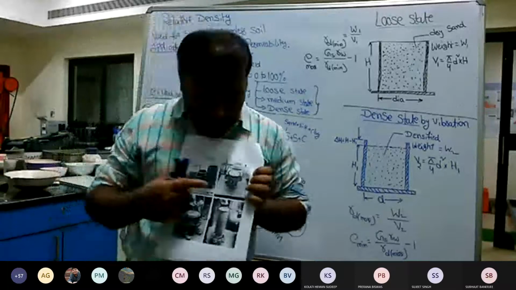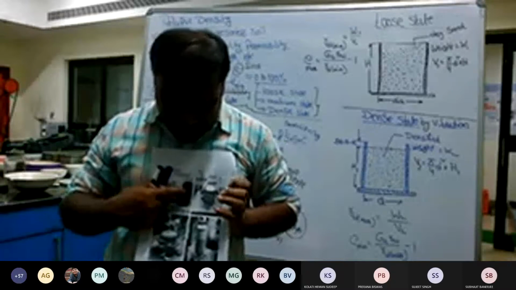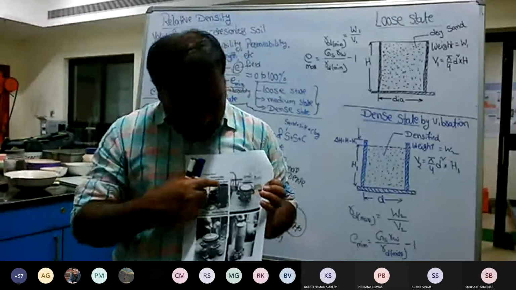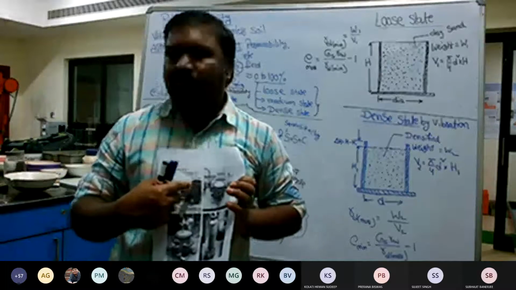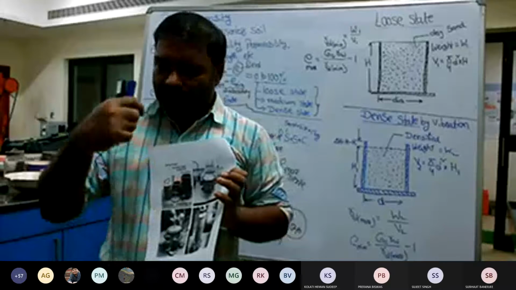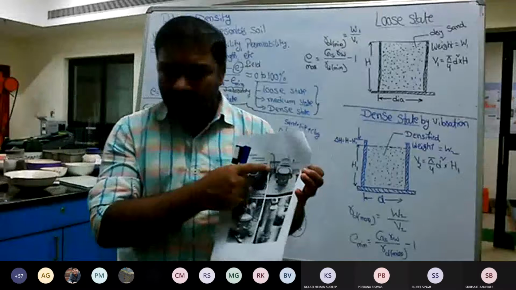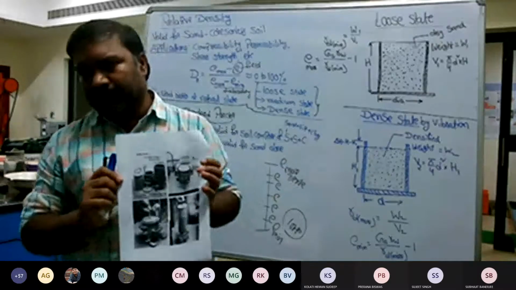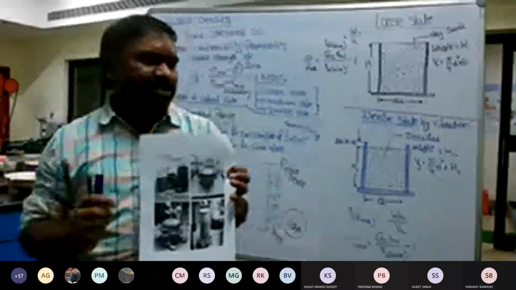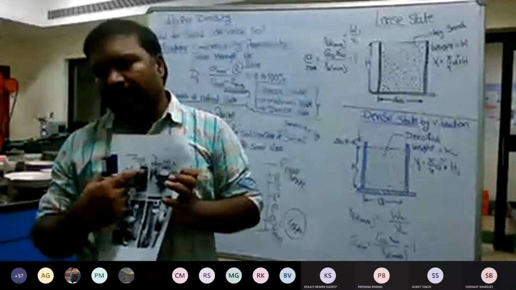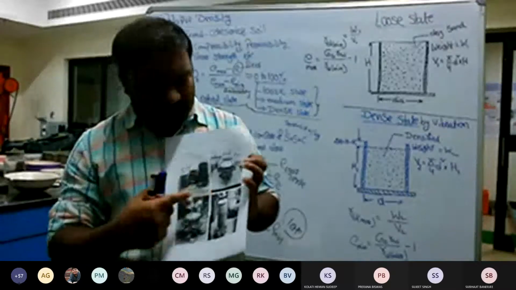So the moment I fill the mold with the sand, I will screw the guiding sleeve onto the mold, and inside this guide sleeve, I will put my surcharge weight. Thereby, this guiding sleeve prevents the falling of the surcharge weight.